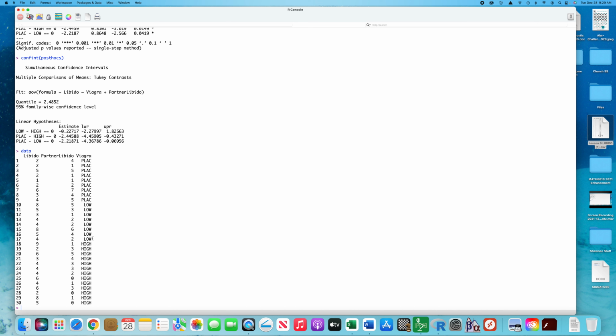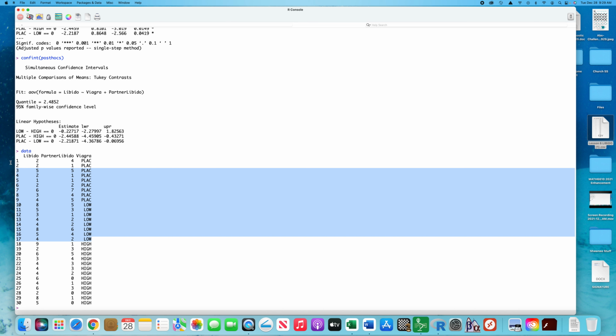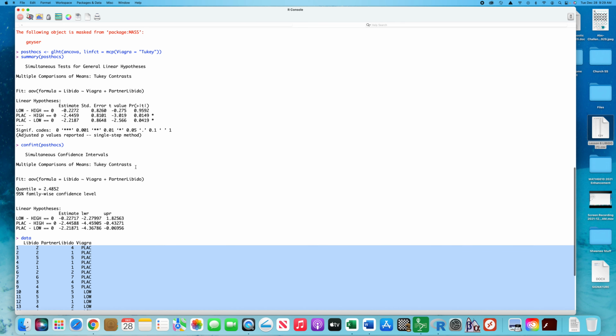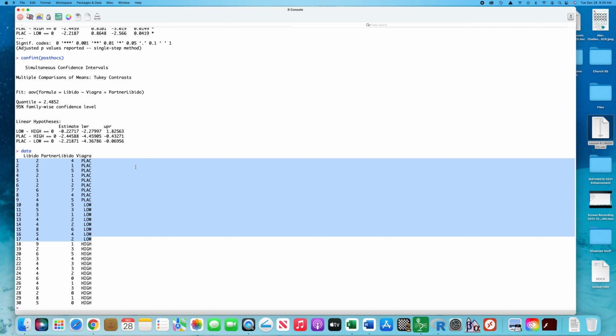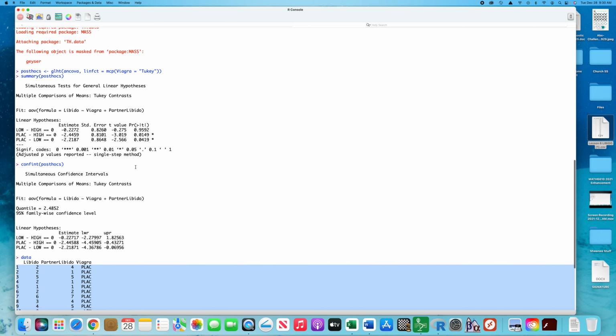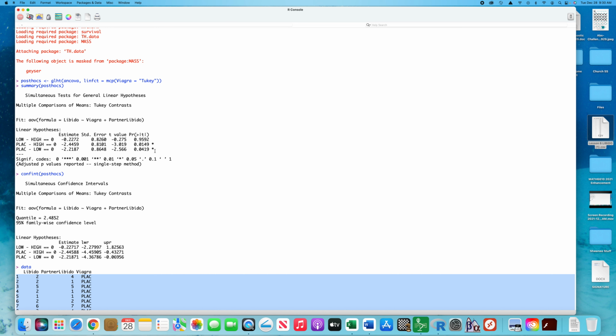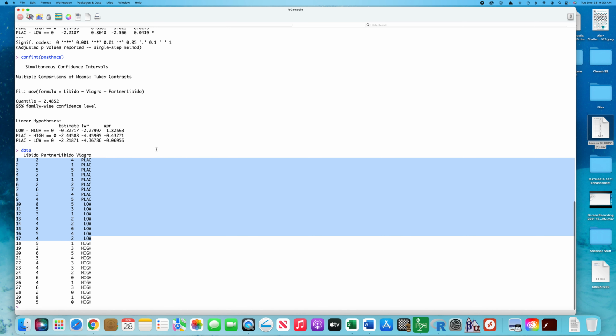What I would like to do is isolate the placebo and low, conduct an independent samples t-test of libido over Viagra dose, exactly what I did up here in the ANOVA, and show you how the p-value is a lot lower when we just perform a standard t-test than it is when we use post hoc analysis to control for the inflated type 1 error rate.